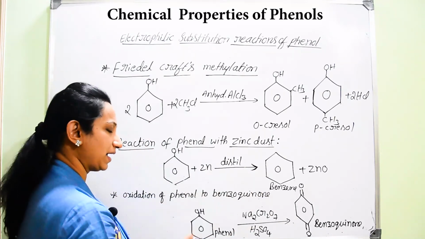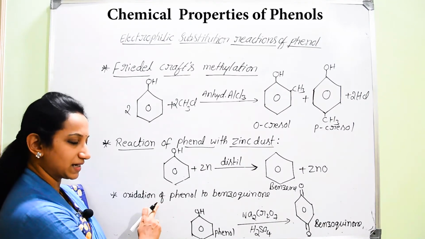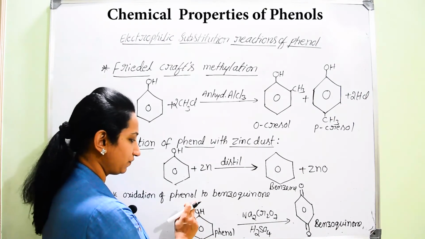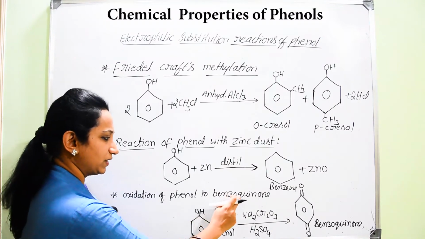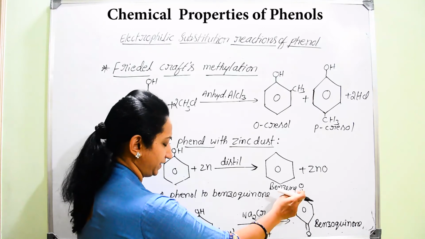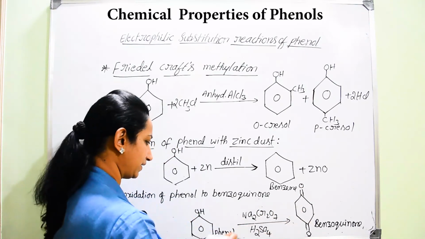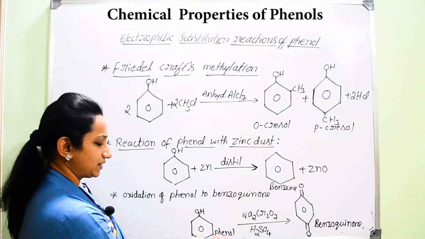It's a very simple reaction. And one more reaction is the oxidation of phenol to give benzoquinone. So here you can find two conjugated double bonds, and double bonded O here. How do we get that? That is very simple.